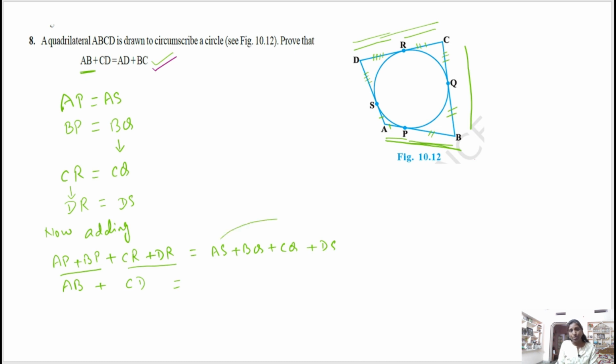AS plus DS will be equal to AD, BQ plus CQ will be equal to BC. So we have proved AB plus CD is equal to AD plus BC.